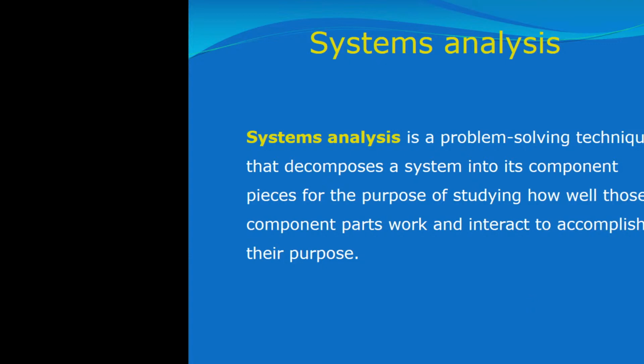System analysis is a problem-solving technique that decomposes a system into its component pieces for the purpose of studying how well these component parts work and interact to accomplish their purpose.